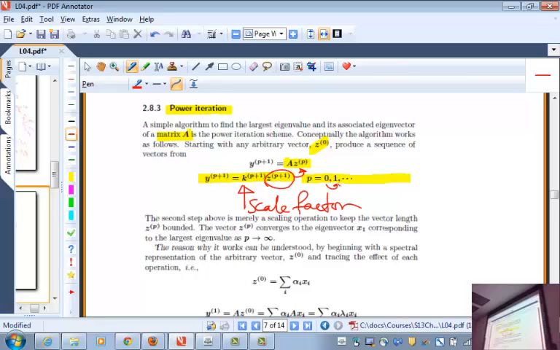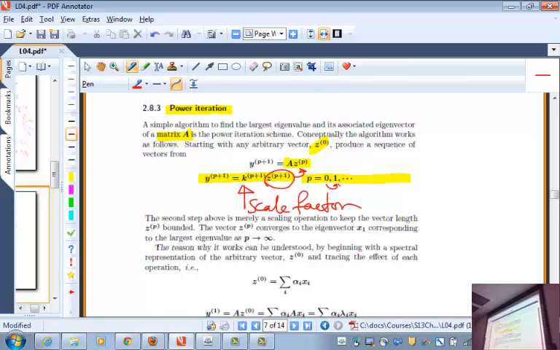Any questions on this? Do you understand what we are doing? Start with some arbitrary vector, keep multiplying it by A, produce a new vector, scale that vector, and keep repeating it. And if you repeat it 10, 20 times, you will find that this arbitrary vector aligns itself with the eigenvector corresponding to the largest eigenvalue. There are others. How do we get them? That's a separate issue.